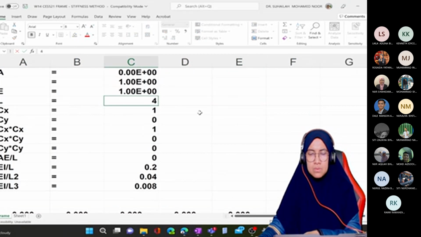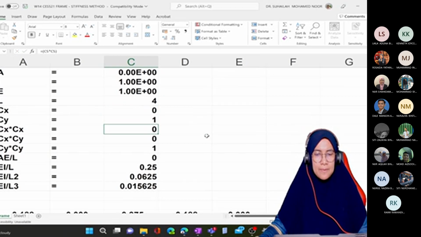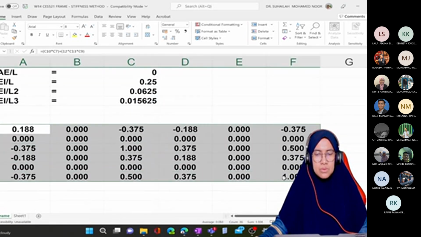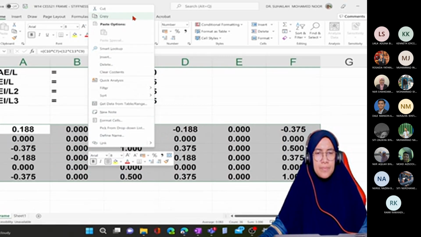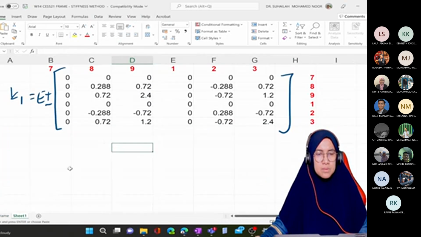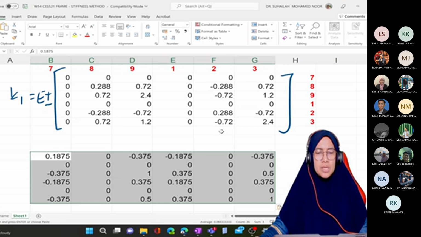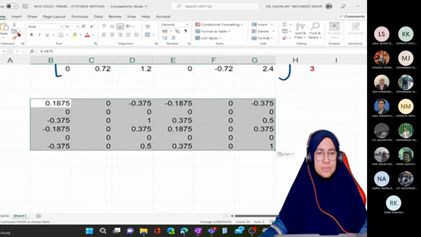Length is 4, Cx 0, Cy is 1. So this will be K2.